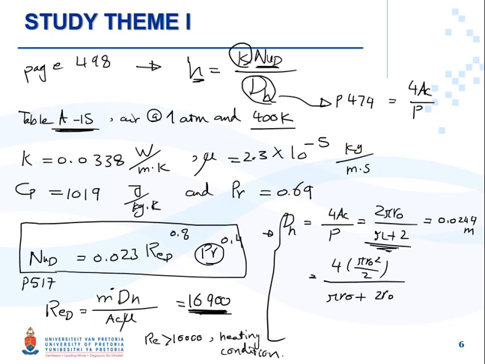Reynolds is greater than 10,000 and it is a heating condition. So if we put this Reynolds into this correlation, with Prandtl 0.69, we can find Nusselt. We have the Nusselt, we have the hydraulic diameter, we have K from the table, so we will find H.